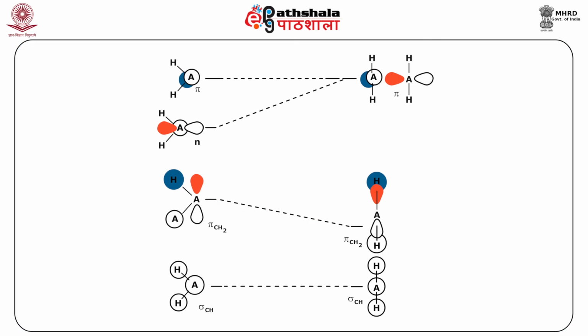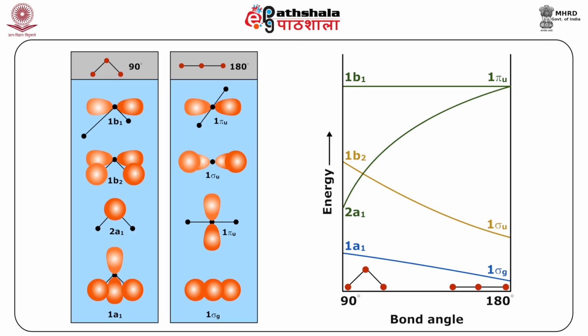The Walsh diagram for AH2 system can be redrawn as shown in the figure.